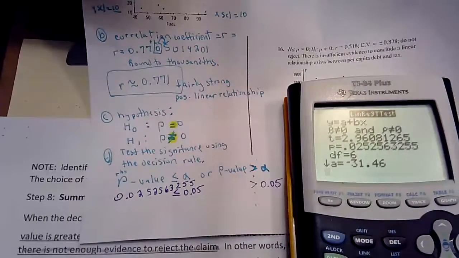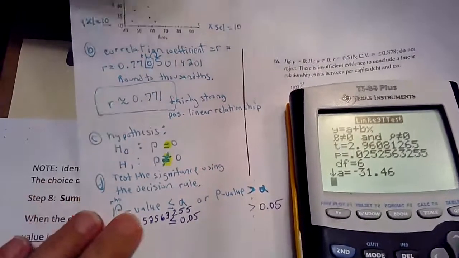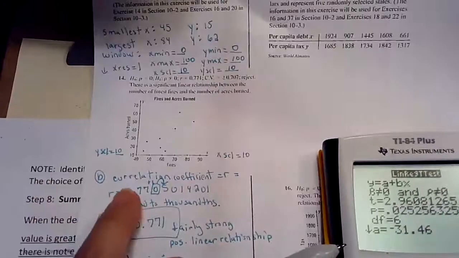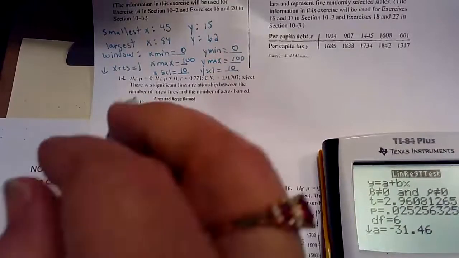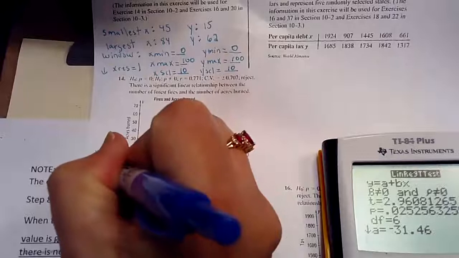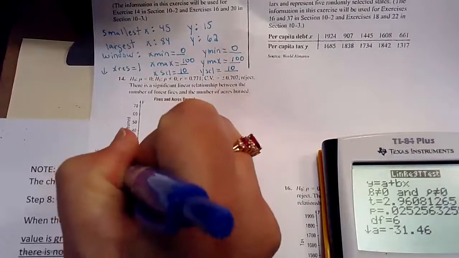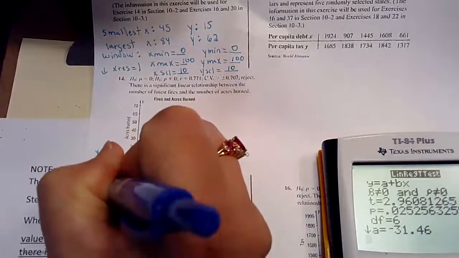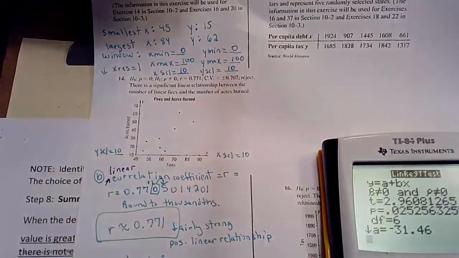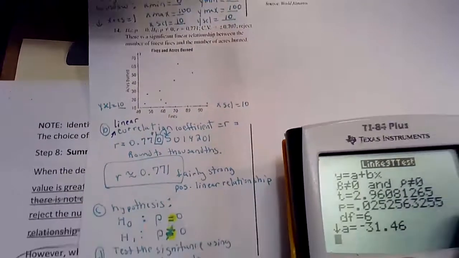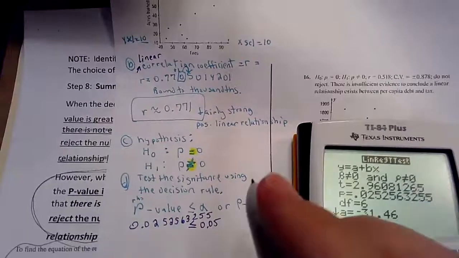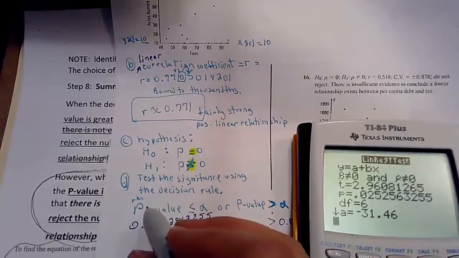So let me go back and do that. For R, I did have correlation coefficient. I'm going to just add the word linear to that. And then here, for rho, that's the Greek letter.